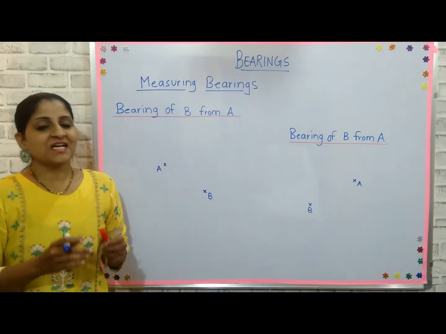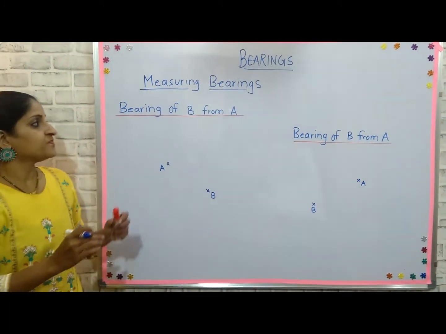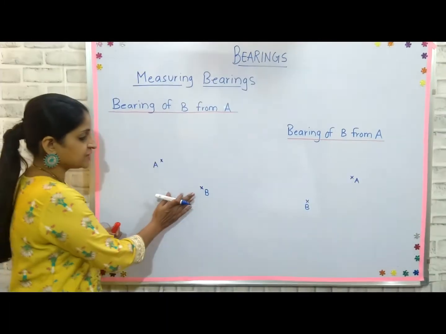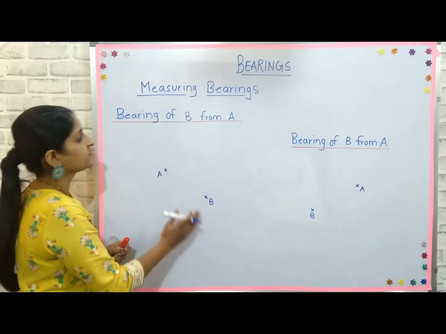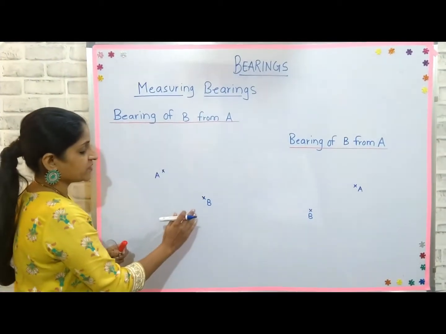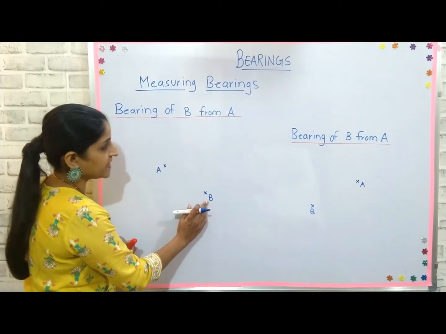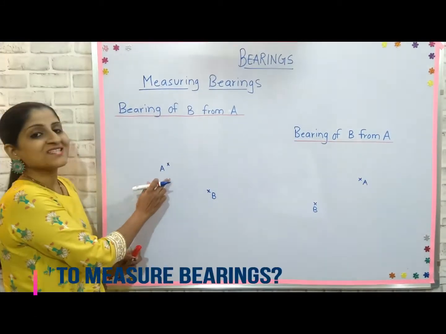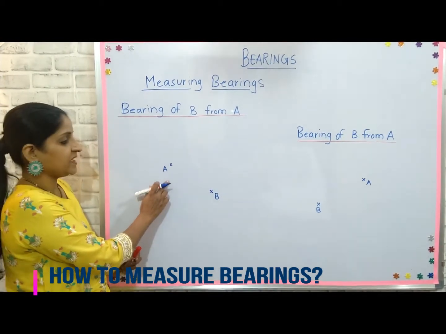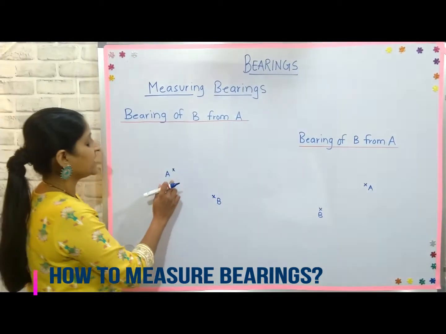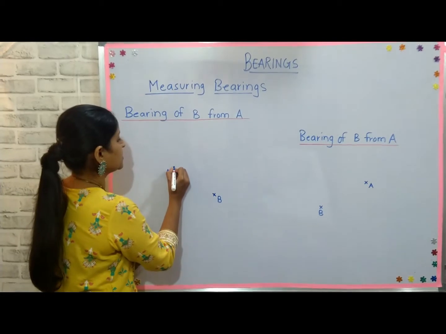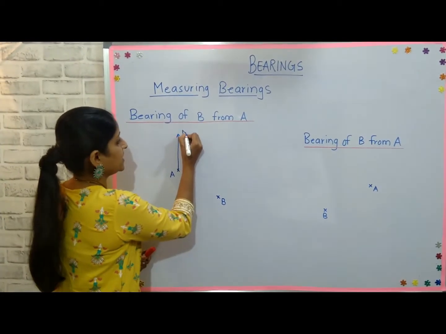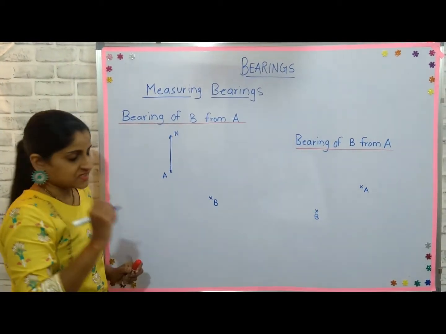Now we are going to learn how to measure bearings. For that, I have written 2 example questions here. In both questions, we have to measure the bearing of B from A. Since we are measuring the bearing from A, A is the fixed point and we draw a perpendicular north on A. That is the first step.